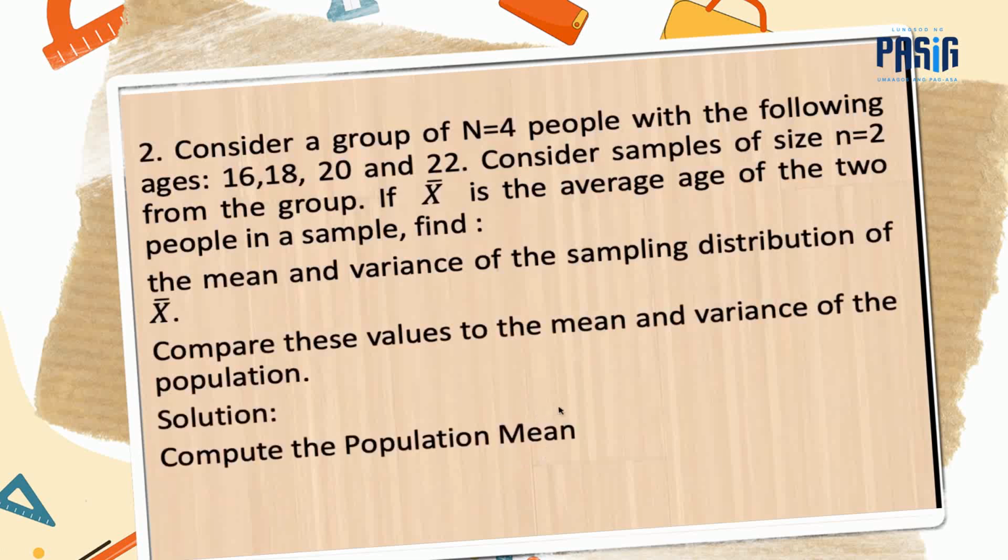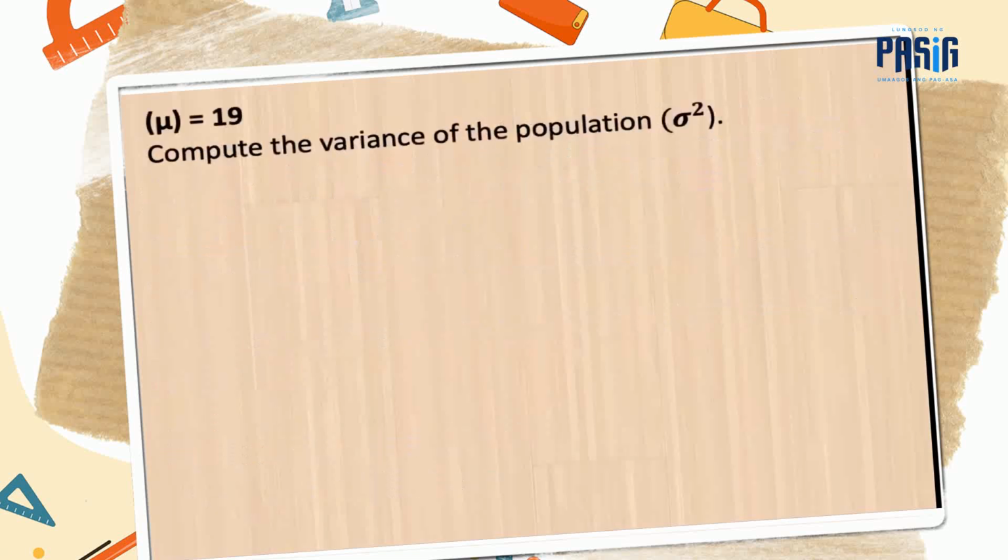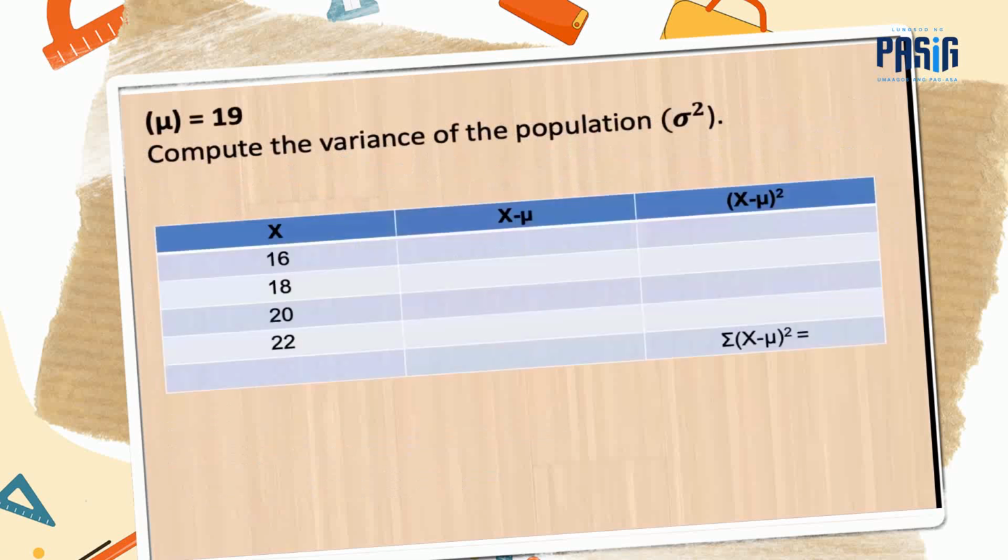Solution. Compute the population mean. Mean is equal to summation of x over n. So, 16 plus 18 plus 20 plus 22 all over 4 equals 19. Then, using the mean, compute the variance of the population by completing this table.